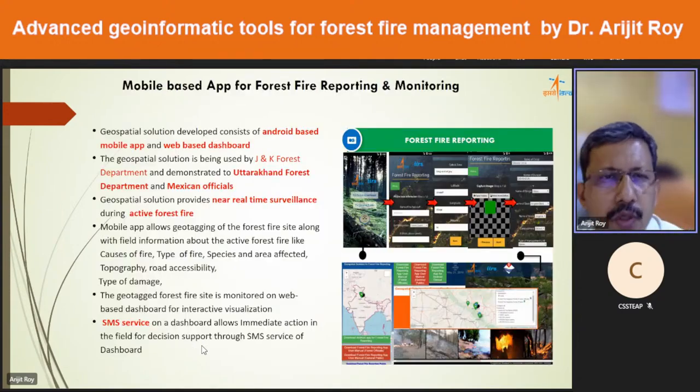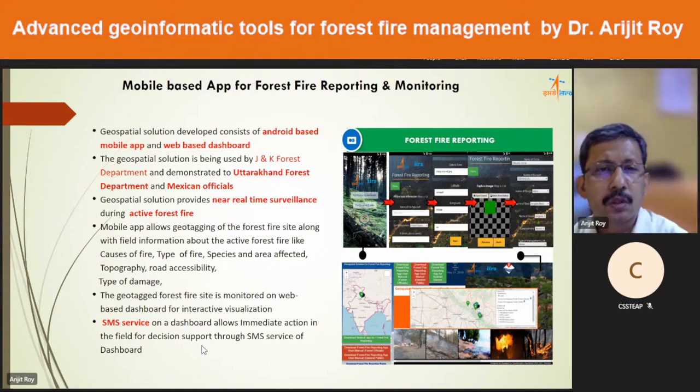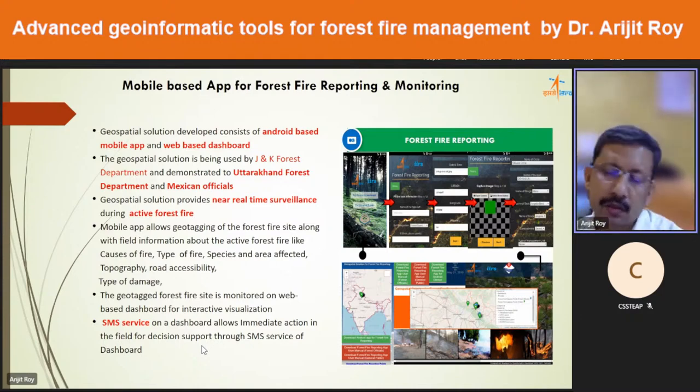So we have also developed a mobile-based app for forest fire reporting and monitoring, which includes a geospatial solution consisting of an Android mobile app and a web-based dashboard. It has been shared with the Jammu and Kashmir Forest Department, Uttarakhand Forest Department, and also the Mexican Forest Department.